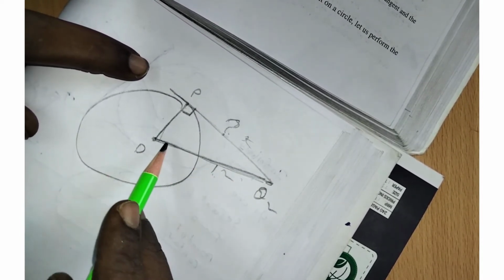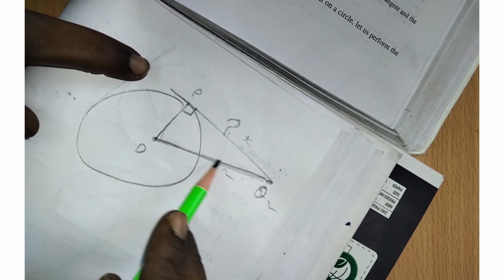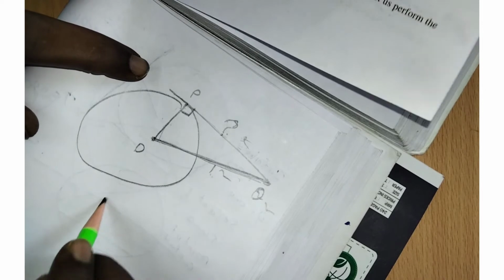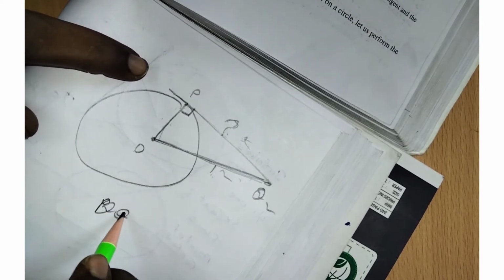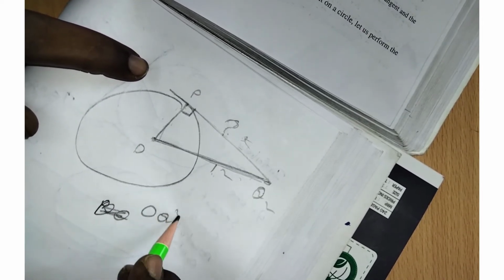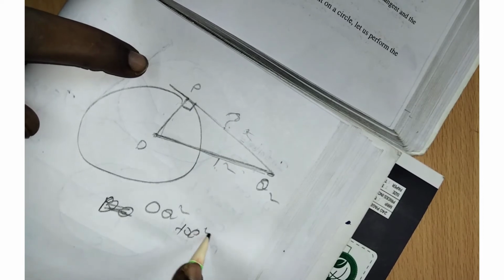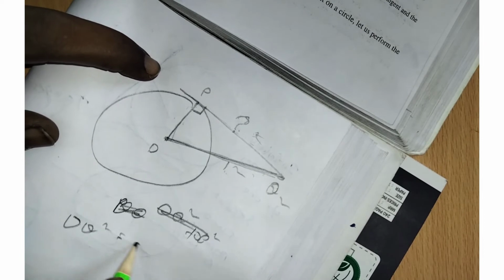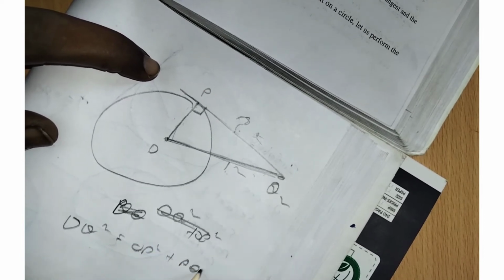So the square of the hypotenuse equals the sum of the squares of the remaining two sides using the Pythagoras theorem. So we can write OQ squared equals OB squared plus BQ squared.